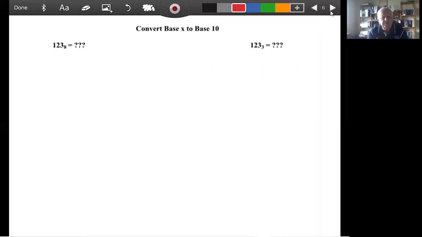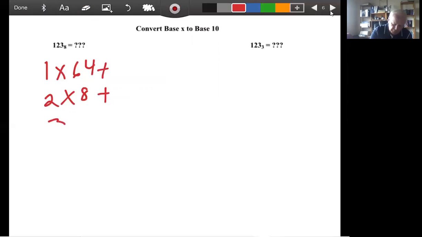All right, let's look at these. So we have 1, 2, 3 base 8. That tells us that we have 1 64 plus 2 8s plus 3 ones when you expand it out.